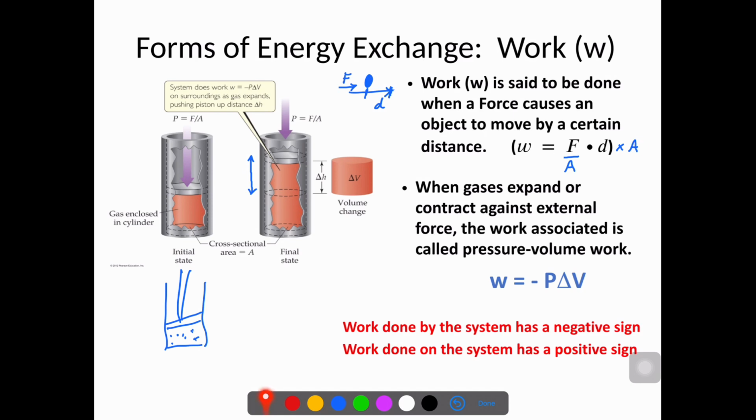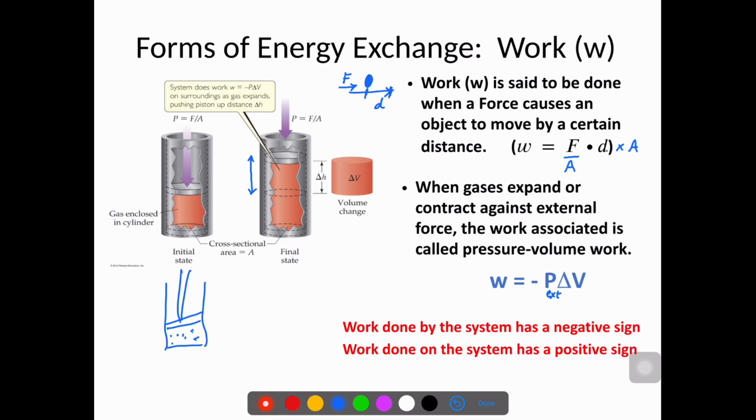Multiplying by area and dividing by area doesn't do anything, but we arrive at a new formula. Force over area is nothing but pressure. So this is the force acting on the piston divided by the area of the piston, which gives you the external pressure, the pressure on the piston.